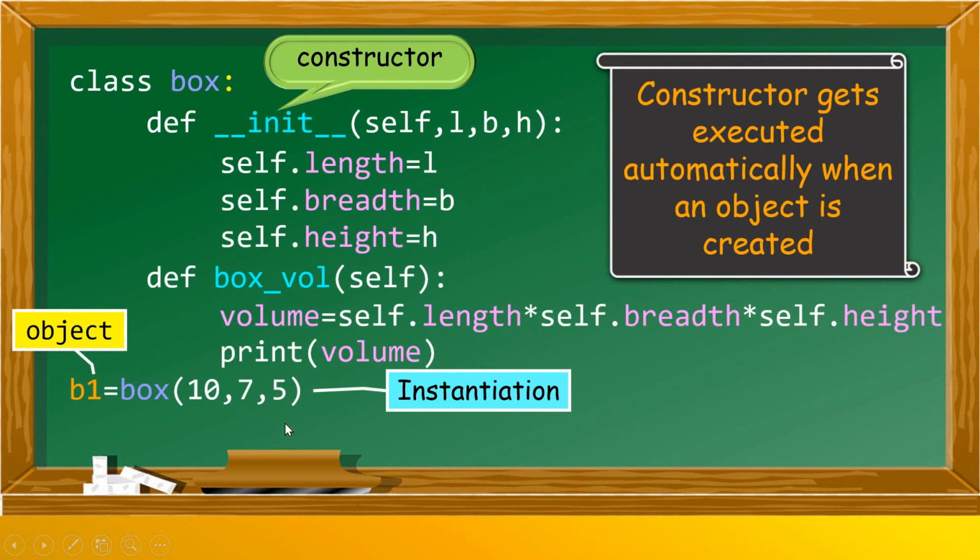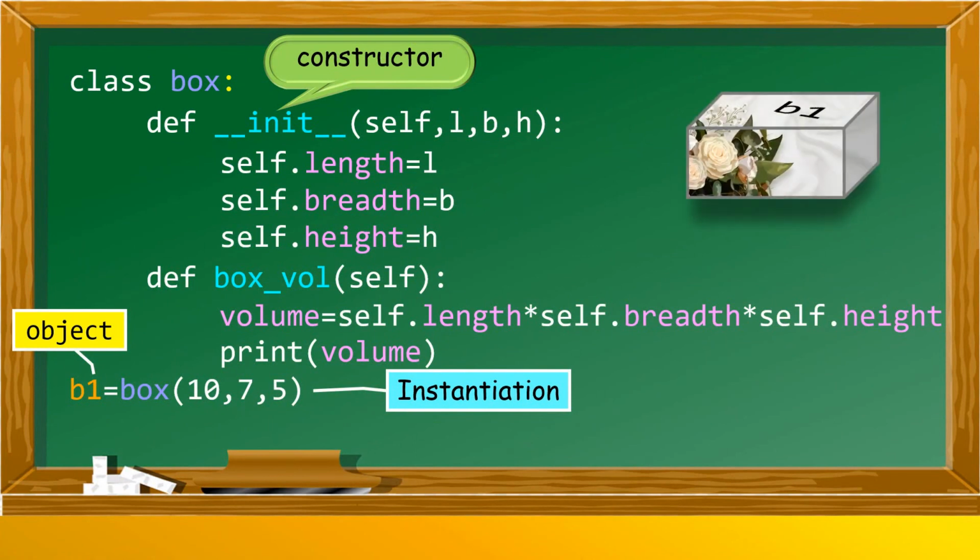During this process, the values 10, 7, 5 are passed to the parameters L, B, H in the constructor. 10 is passed to L, 7 is passed to B, and 5 is passed to H. Note that nothing is passed to the first parameter self.